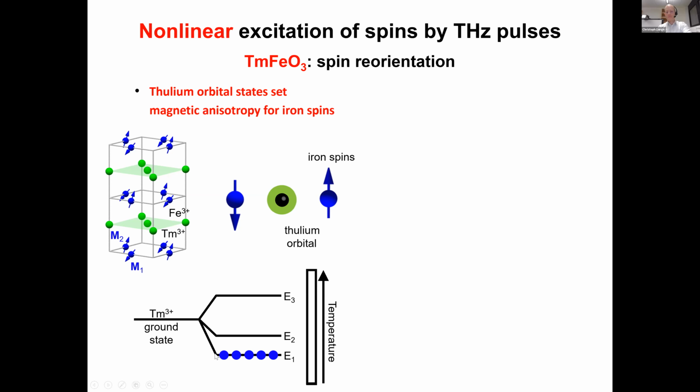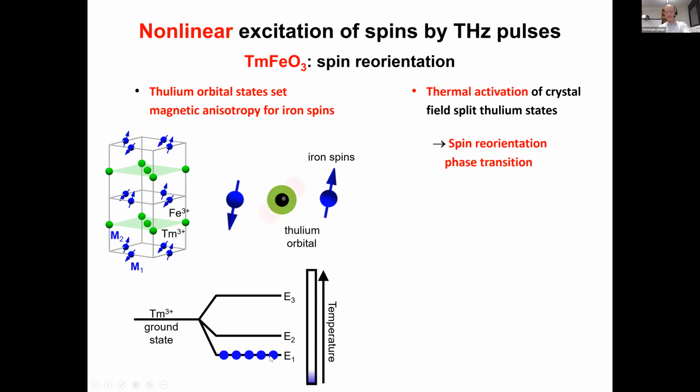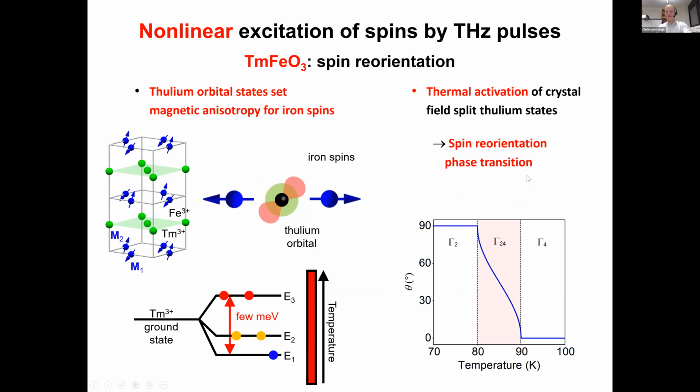In this material, the ground state of the thulium ions is split into several states, and as these are excited, for example, by temperature, by just raising the temperature, the magnetic anisotropy potential changes in a way that rotates the spins by 90 degrees within a temperature window of about 10 kelvins, from 80 to 90 kelvins.